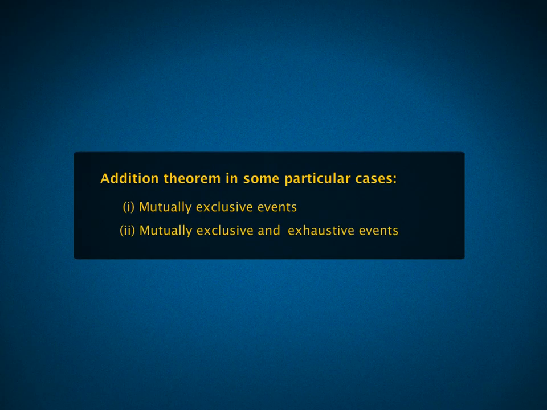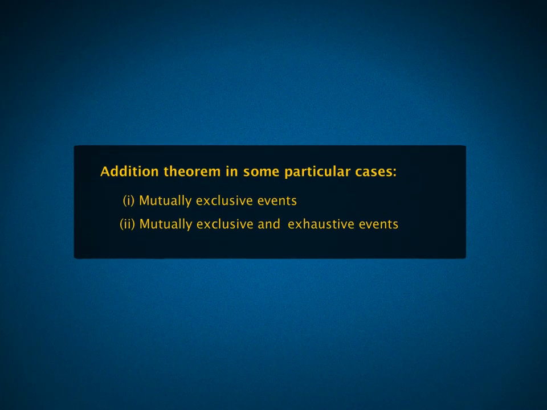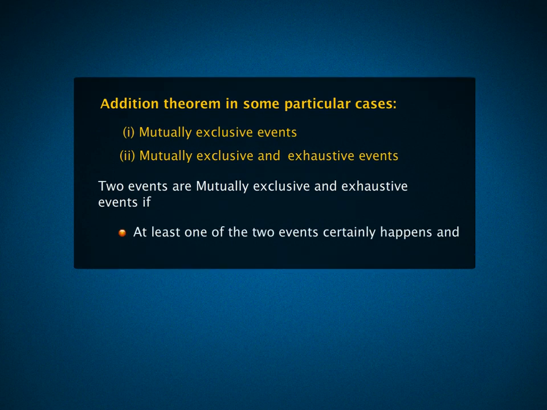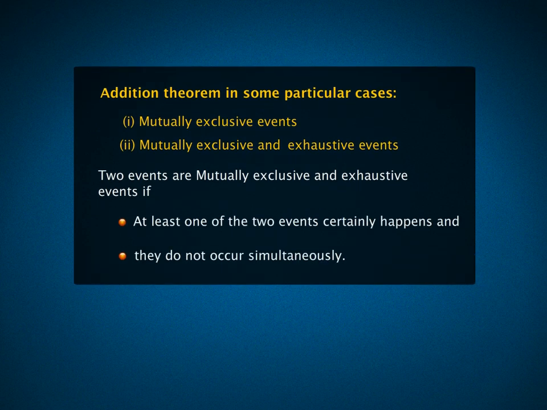Now, recall mutually exclusive events are also called exhaustive events. Two events are mutually exclusive and exhaustive events if at least one of the two events certainly happens and they do not occur simultaneously.